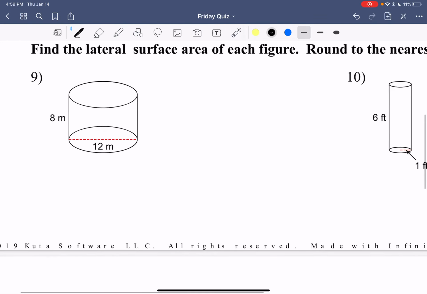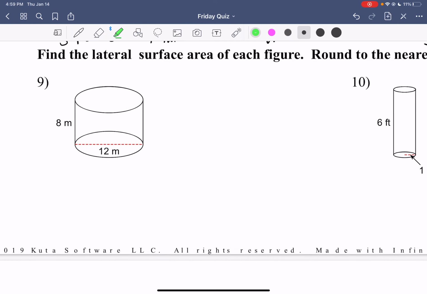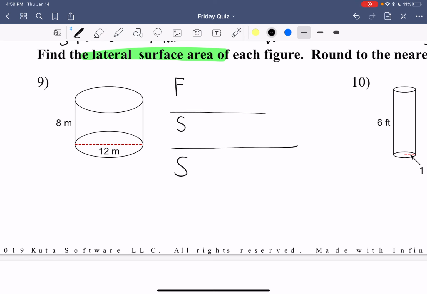So just like I said before, now we have our finding lateral surface area. So our lateral surface area for a cylinder is going to be formula, substitute, solve. No, sorry. For a cylinder, I am saying the wrong one.